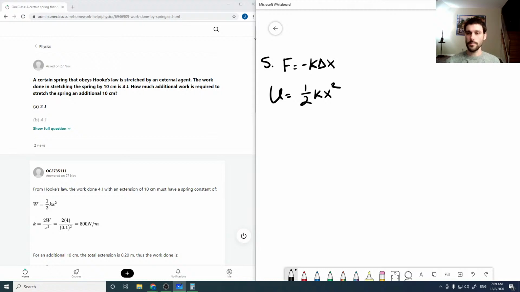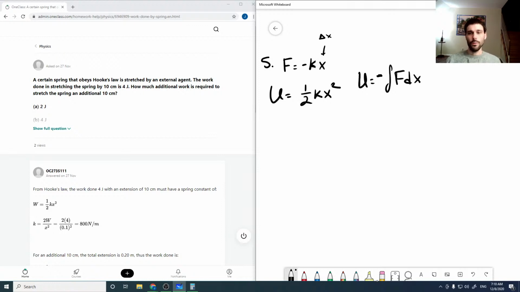And this comes from the fact that our potential energy is minus the integral of force dx, where in this case we would use x in here, not delta x, but it's just assumed known that this is our delta x. Okay, and so if we integrate this expression, we will get a half kx squared.